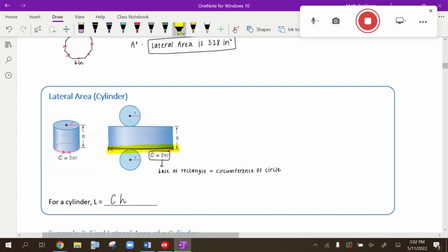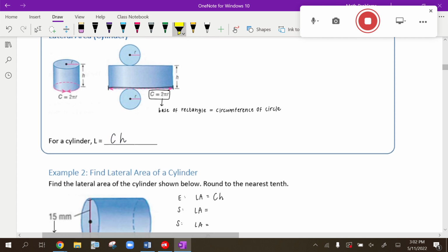The base is actually equal to the circumference of the circle. So for the circumference, you know that you could either use 2 pi r or pi times diameter, and then the height is going to be the height of the cylinder. So for a cylinder, it's really similar. Instead of perimeter of the base, since the base is a circle, you just do circumference times height instead.